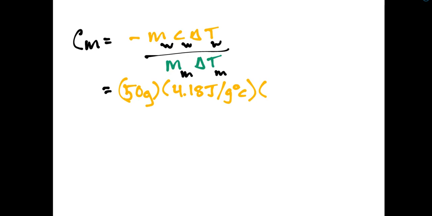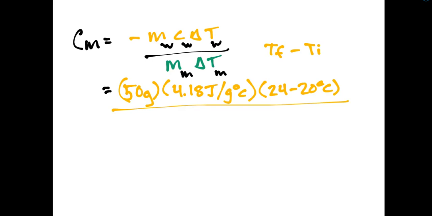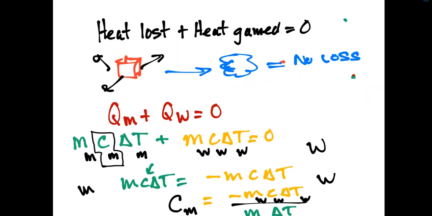The temperature change was the final temperature minus the initial. It went up to 24 and it started at 20 degrees Celsius. Don't forget the negative sign right there. The mass of the metal, I told you I'd forget.